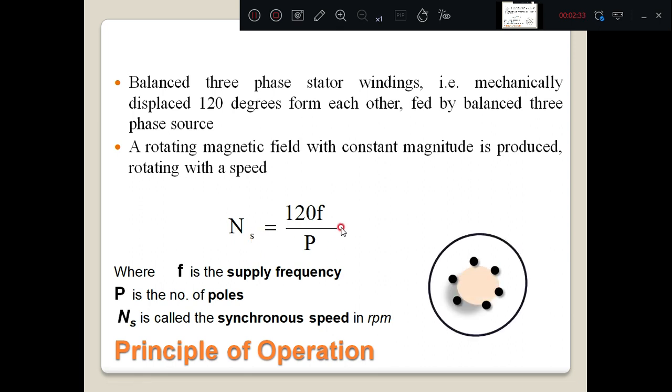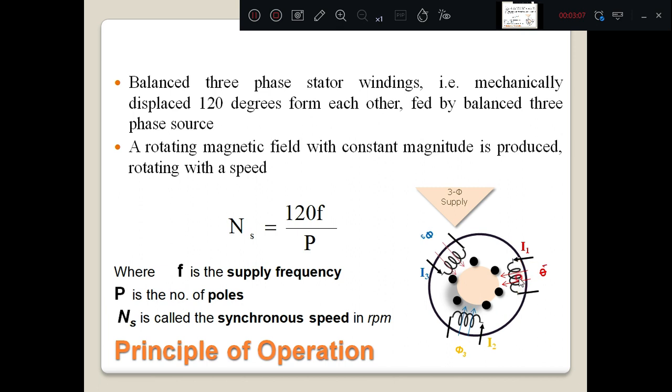That we'll see. Here we have got a stator and we have got rotor conductors. Here we are having three stator windings, and these three stator windings are excited by three-phase supply. These are connected to three-phase supply. When a three-phase supply is given to these three windings, the currents I1, I2 and I3 will flow in their respective windings. Because of the flow of these currents, they are producing their own magnetic flux.